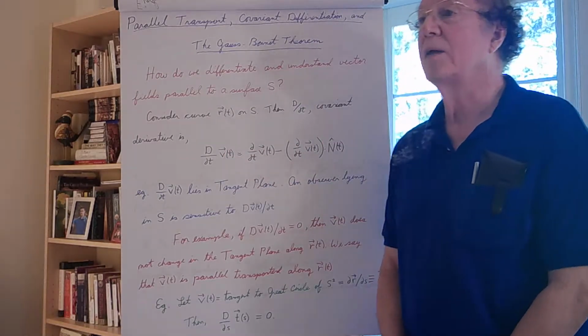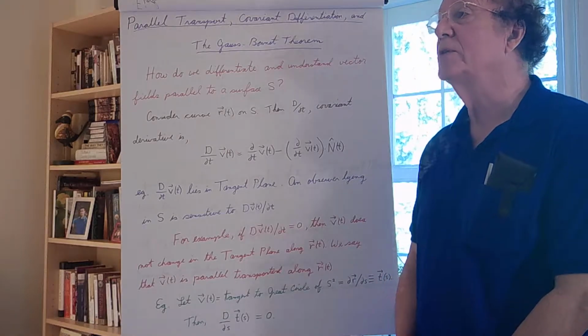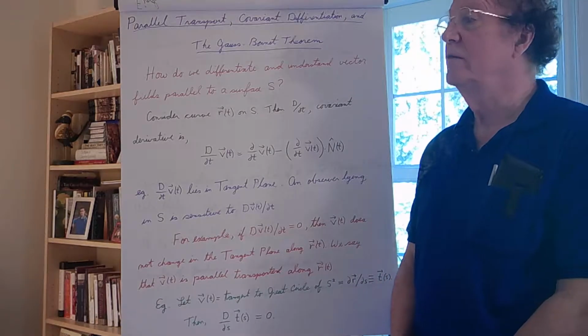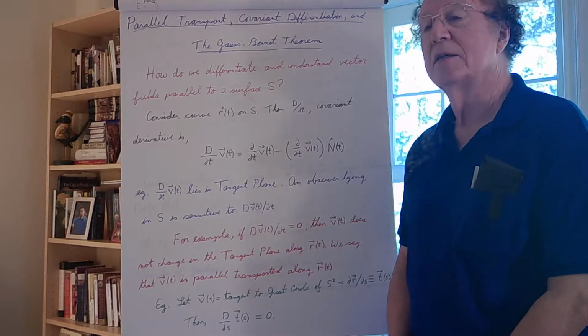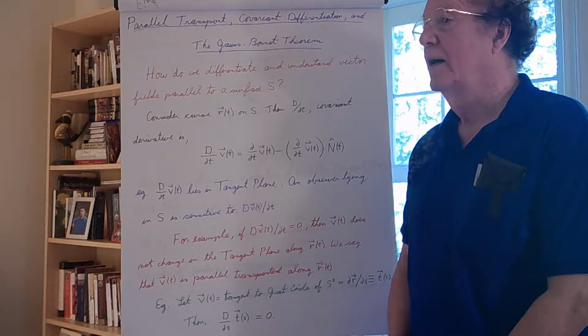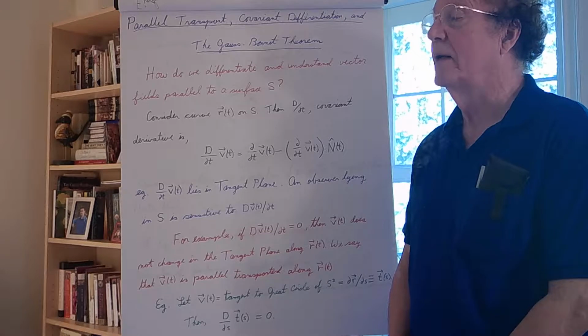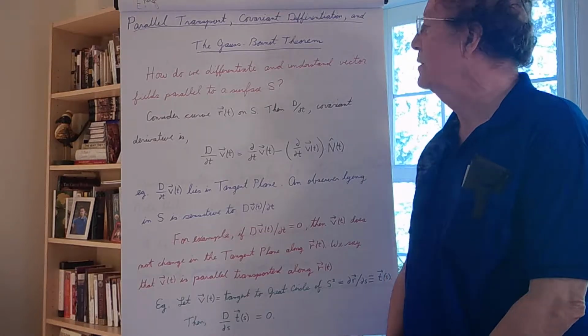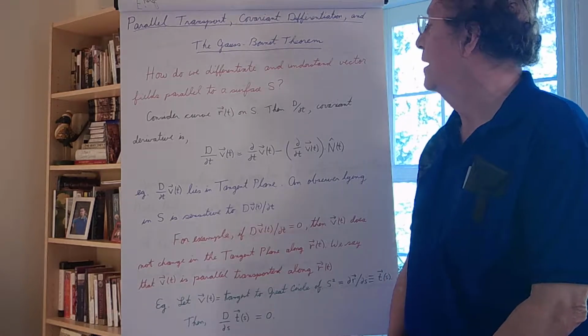Once we've done that, we'll know how to measure angles around global curves, because we'll understand how to measure angles off of parallel transported directions, and we'll be ready for the Gauss-Bonnet Theorem.